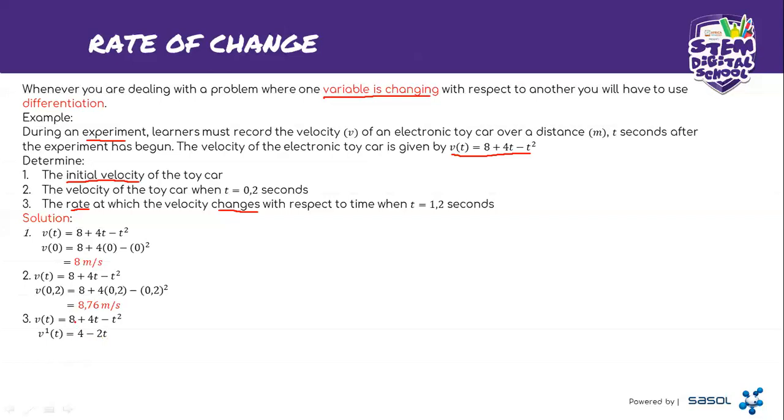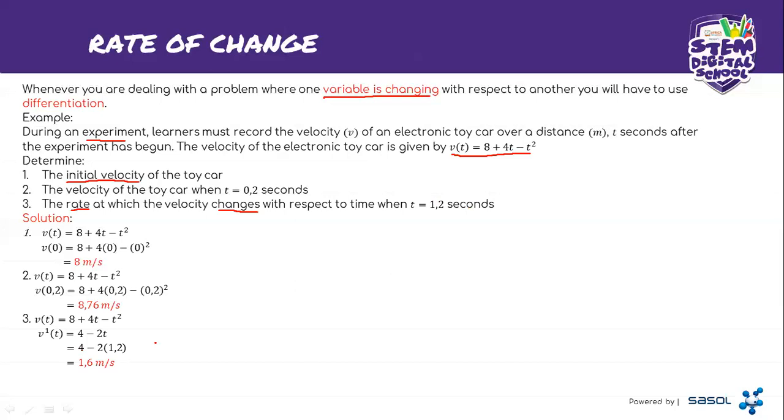Remember the rules: we consider the 8 as a constant number, and the derivative of a constant becomes 0. Then 4t becomes 4, and for this term, if you drop the power to the side, it gives us negative 2t. Thereafter, where you see t, we substitute 1.2 seconds, and this is what we obtain, which is 1.6 meters per second.